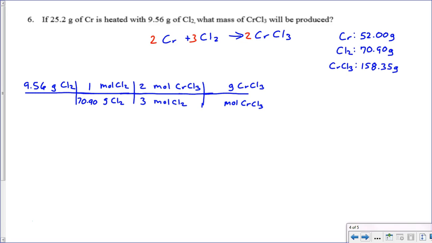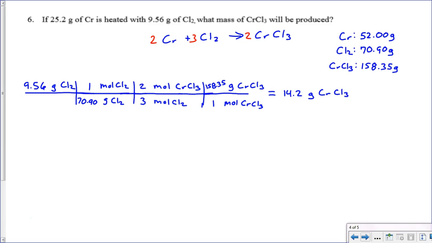All right, and then on the next one, we know that 1 mole of CrCl3 is 158.35 grams. If you go through and do that calculation, you should get 14.2 grams of CrCl3 produced.